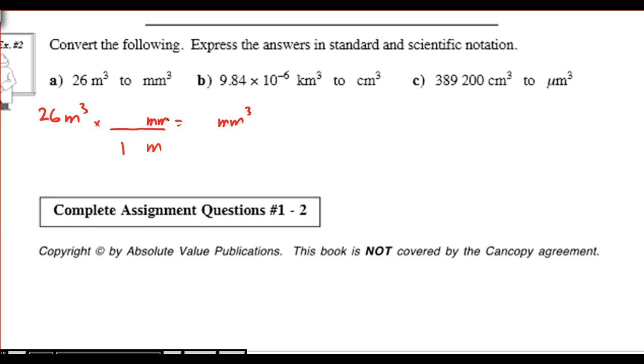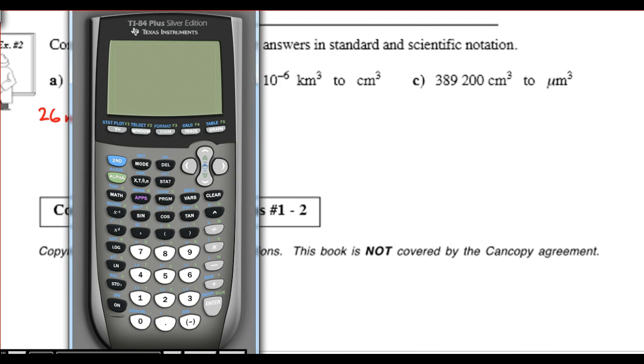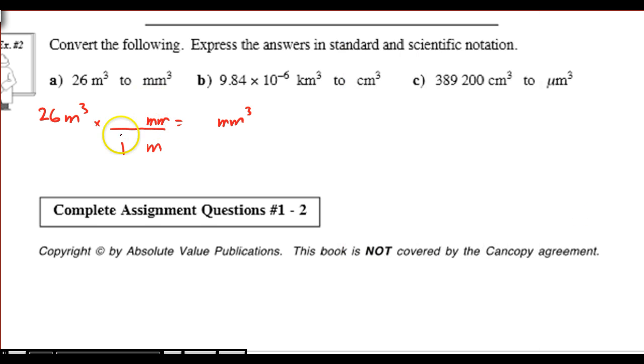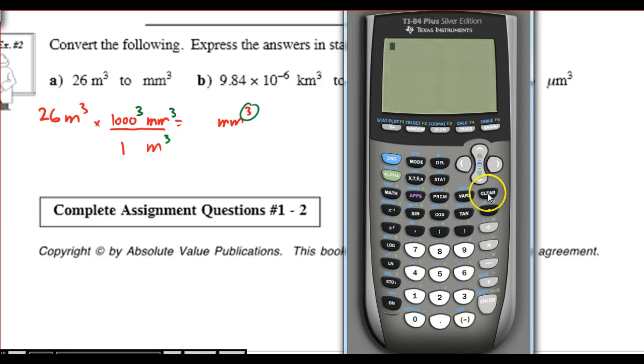So we multiply 10 times 100 to get 1,000. So there are 1,000 millimeters in a meter. But the key difference here is that we're in cubed units, so we need to cube that 1,000. So now we're really looking at quite a few millimeters cubed to get to 26 meters cubed.